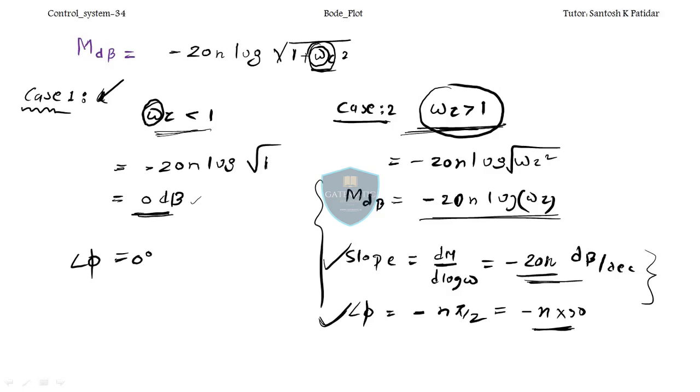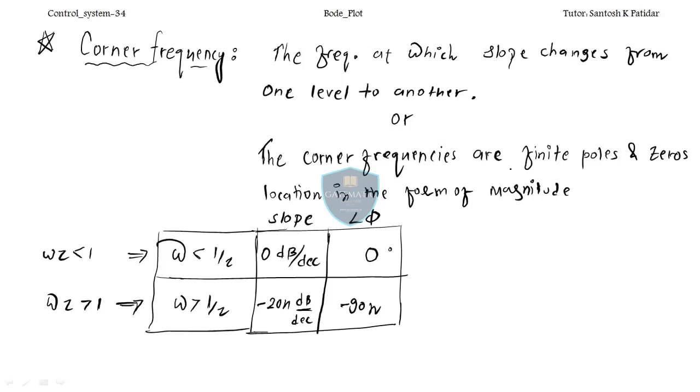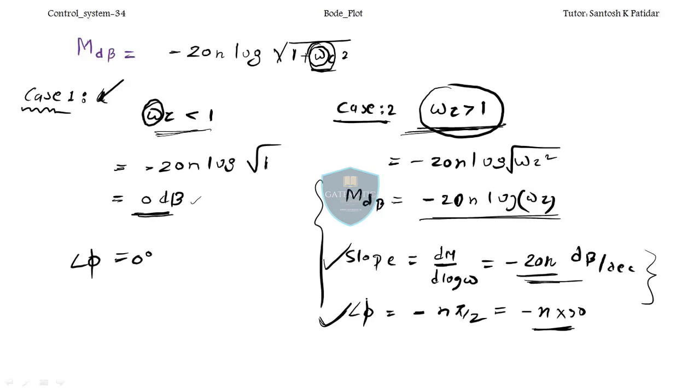N is the number of what? Finite poles and zeros, isn't it? N is the number of finite poles or zeros. If you are getting poles or zeros, accordingly your slope is going to change. So the frequency at which the slope changes from one level to another, and there are different frequencies at which our slope changes, all those frequencies we call the corner frequencies.